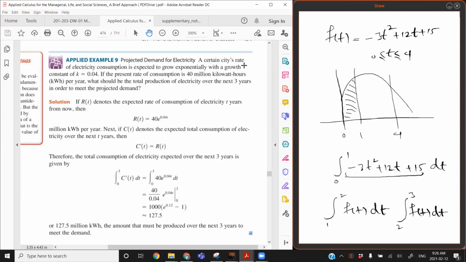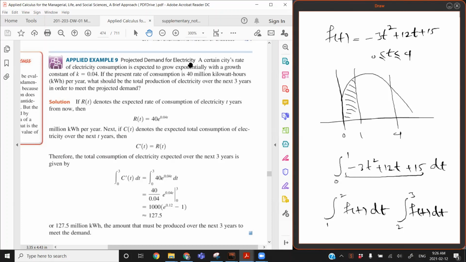So it gives you, for example, the daily or the hourly or yearly electricity consumed. It doesn't give you the total since a certain time. So this word, rate, is a keyword. You're given the derivative. You're not given the original function.